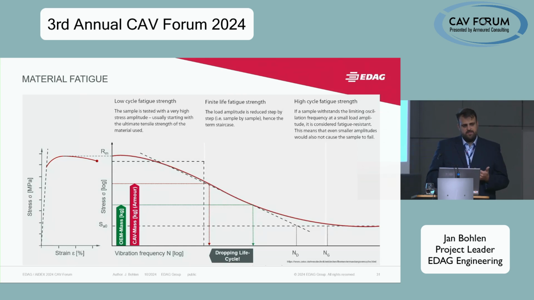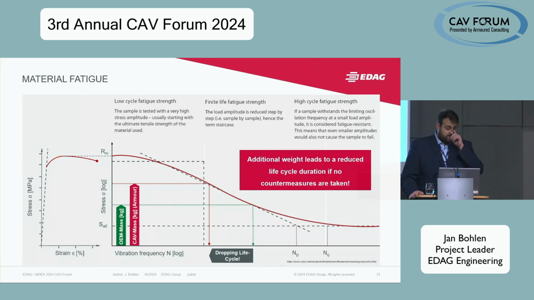But now when you increase the weight of your vehicle, you increase the mass, you also increase the stresses, and therefore, when you take a look at the diagram, you decrease the number of loading cycles the material can withstand. So therefore you have a dropping life cycle. So the conclusion is additional weight, of course, leads to a reduced life cycle duration if no countermeasures are taken.